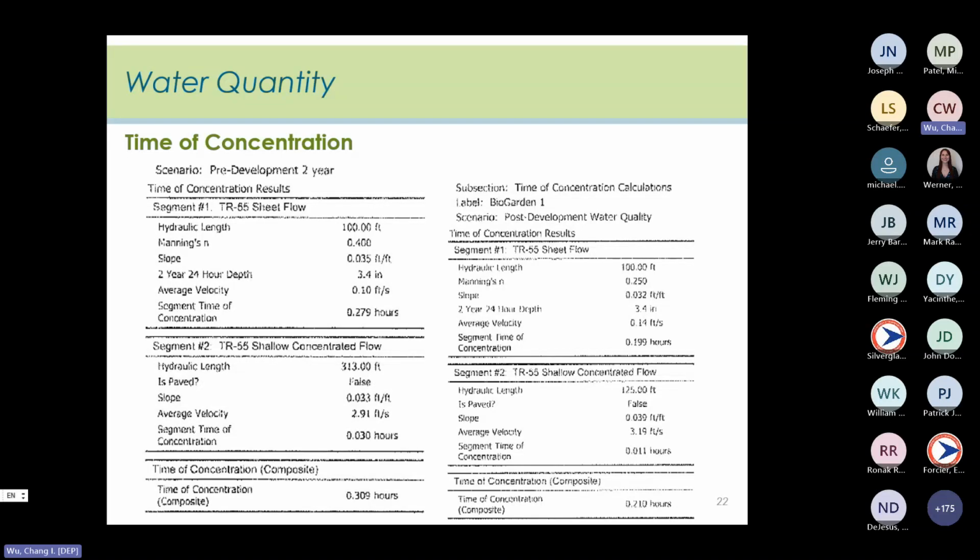The shallow concentrated flow should use the land cover in accordance with NEH, which distinguishes different vegetative covers.